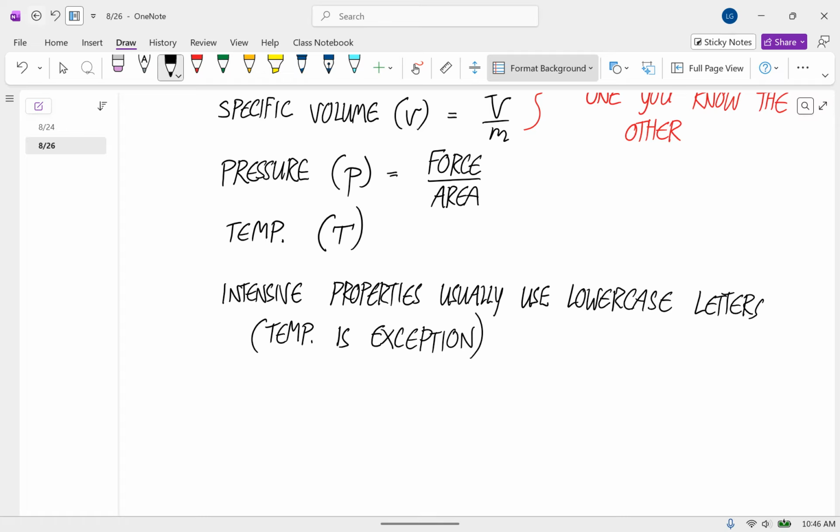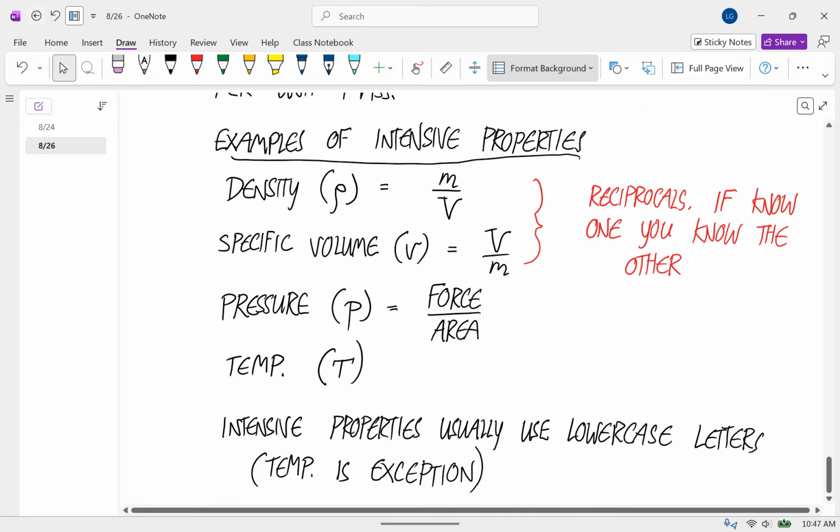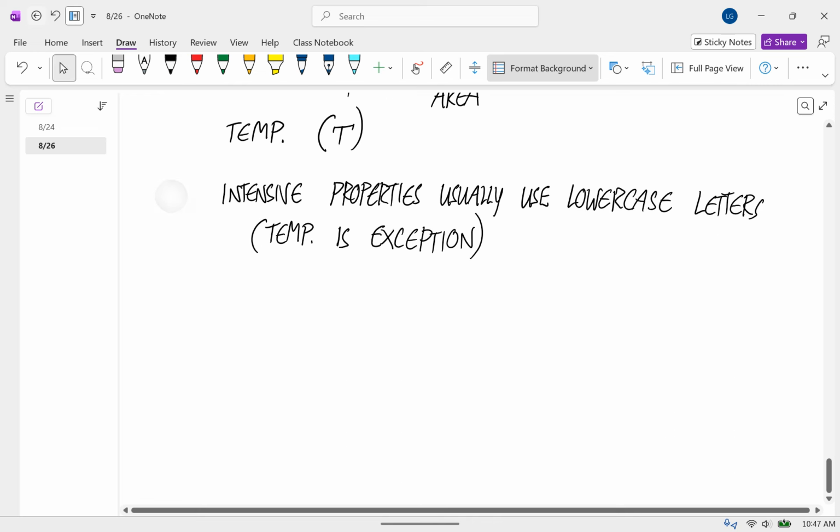One other thing about intensive properties. The most important ones for us are going to be measured per unit mass, but they don't have to be. They can be measured per unit other stuff. Pressure is force per unit area.